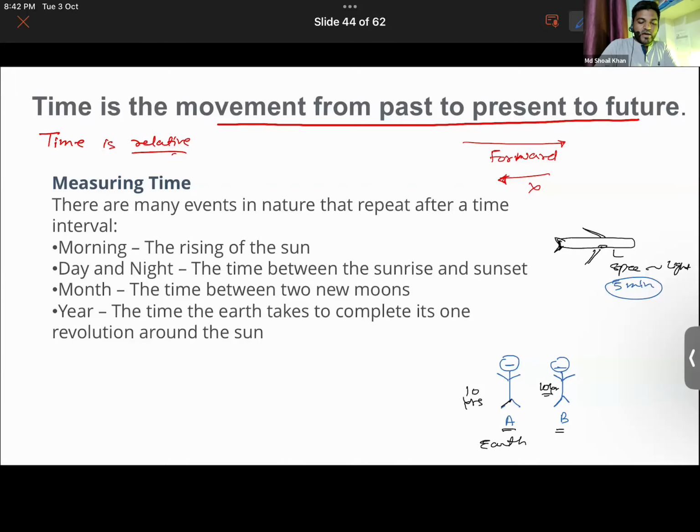By the way, you know the speed of light is 3 times 10 raised to the 8 meters per second, right? Imagine, that is a very big speed. So with this speed, this boy is moving in space in this spacecraft, and when he comes back in 5 minutes, the age of this boy would be 10 years 5 minutes, while his identical brother would be almost 40 years old.